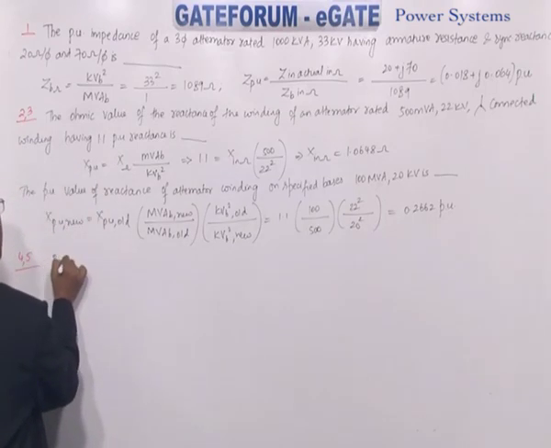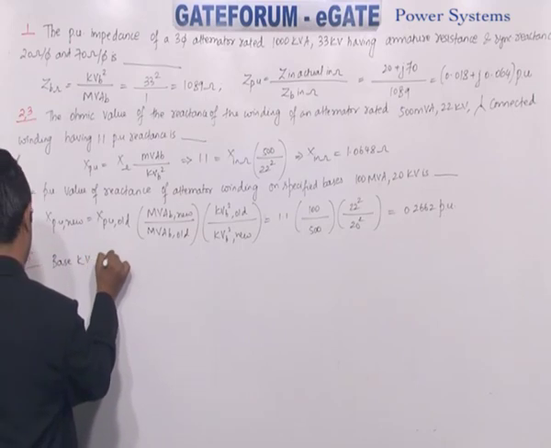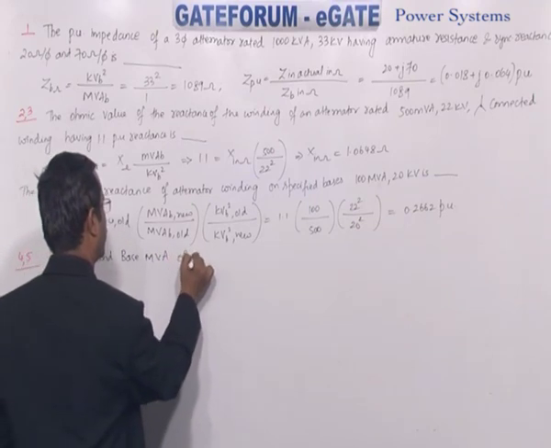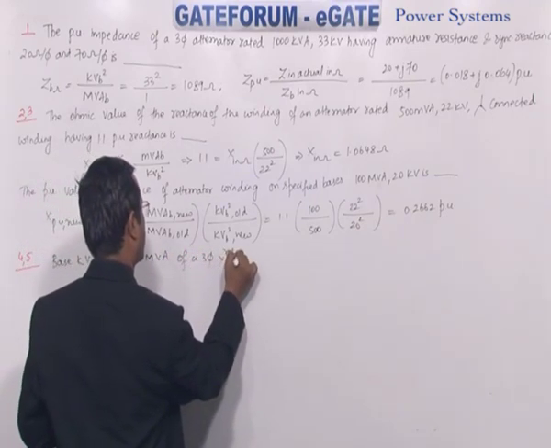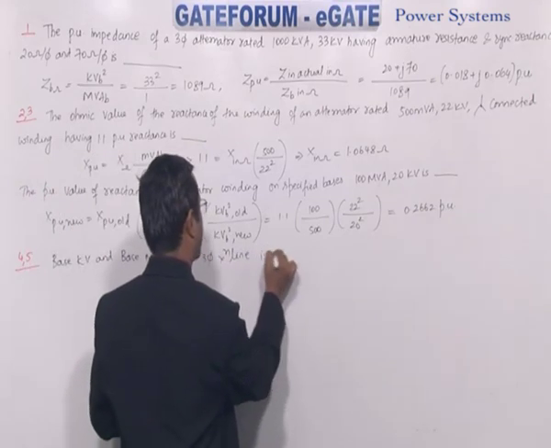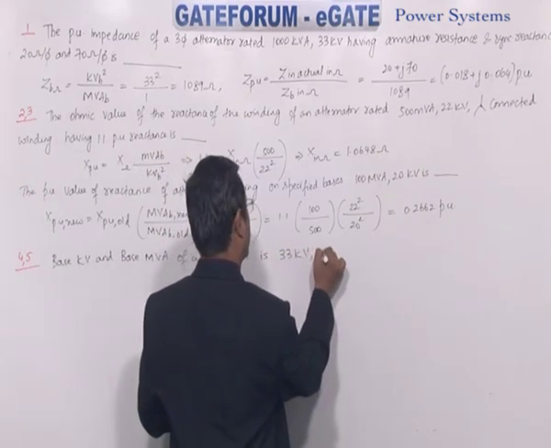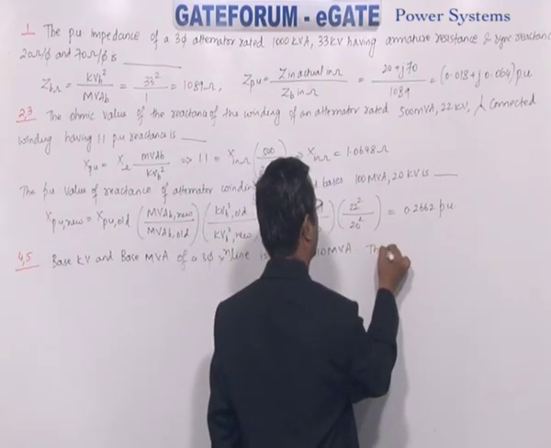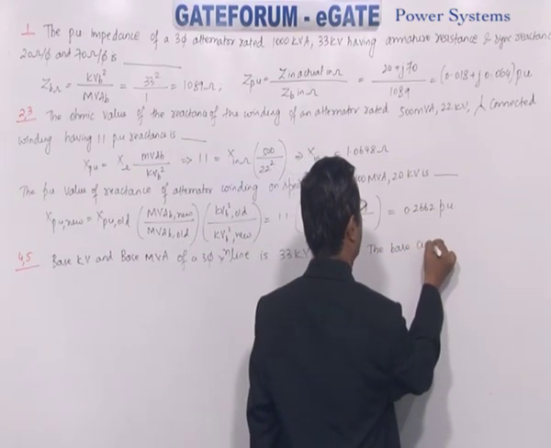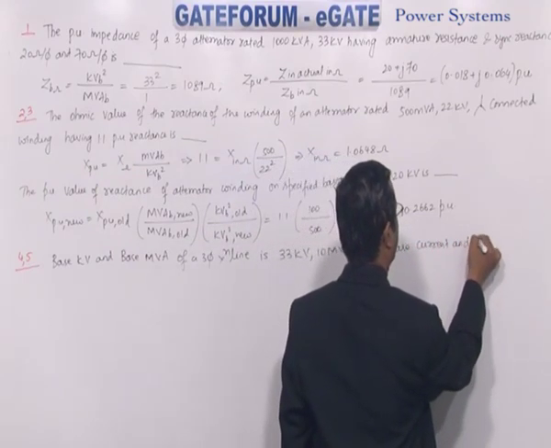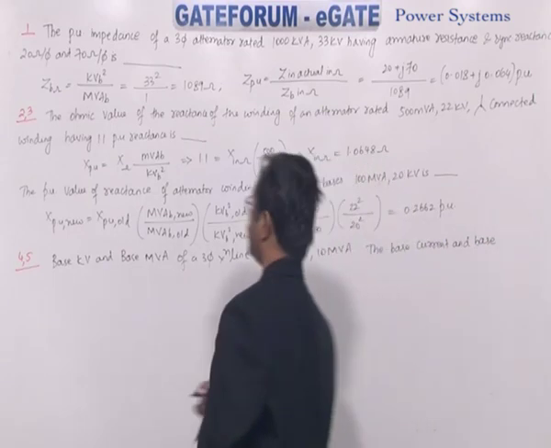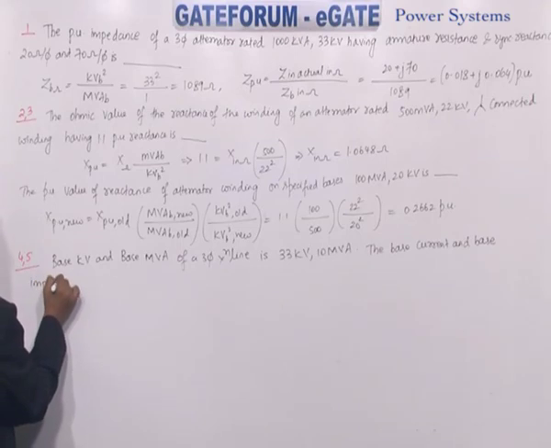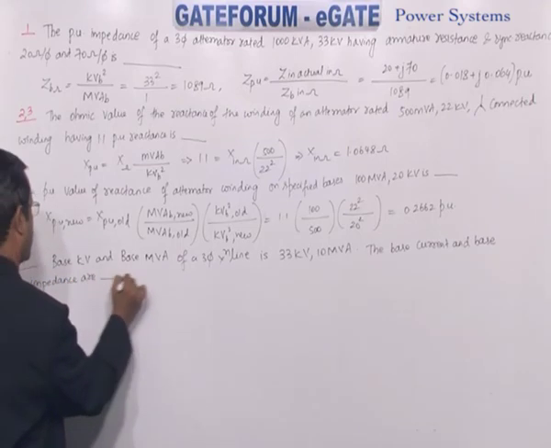Next question is, base kV and base MVA of a three-phase transmission line is 33 kV, 10 MVA. So the base current and base impedance are.